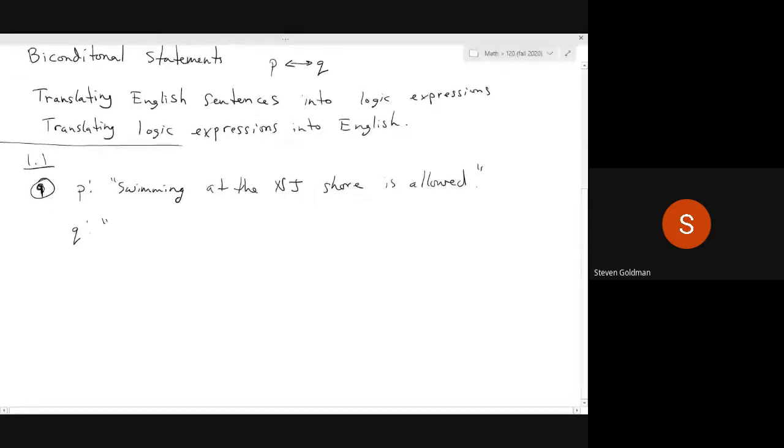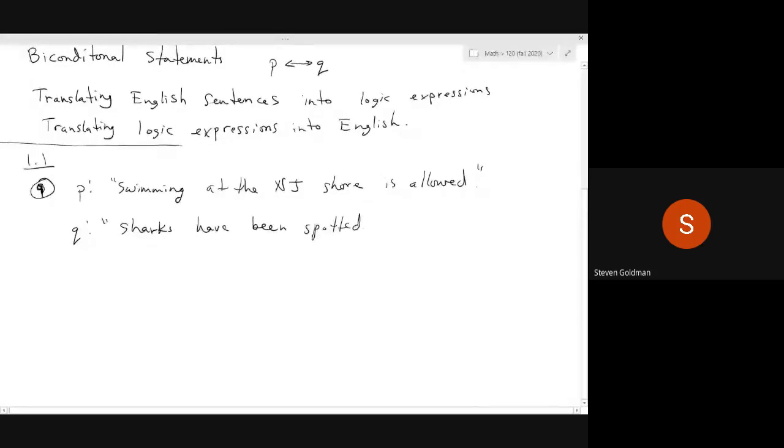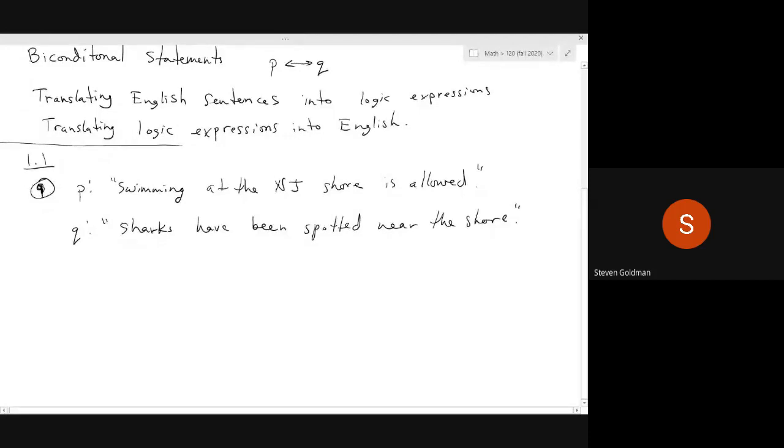Q is the proposition, sharks have been spotted near the shore. Okay. So you're asked to express each of these compound propositions as an English sentence. You are given the compound proposition not P and P or not Q.